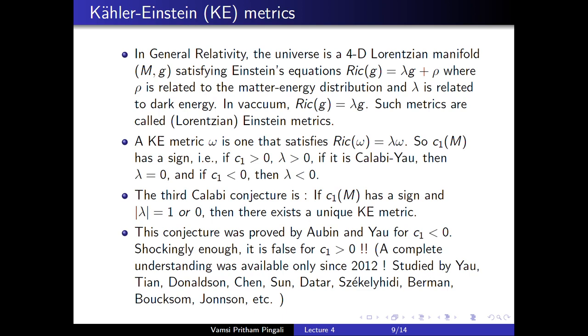The theorem was proved building on the work of a lot of people, and there were several different proofs of it also. Unfortunately, I can't list all the people who have worked on it, but some principal names are Yau, Tian, Donaldson, Chen, Sun, Song, Ved Datar, Gabor Szekelyhidi, Berman, Boucksom, Jonsson, etc.